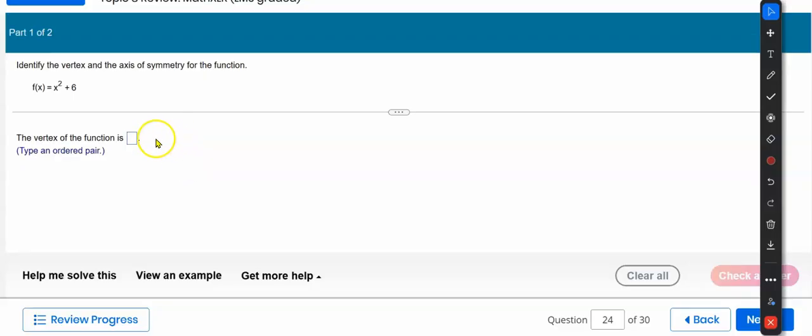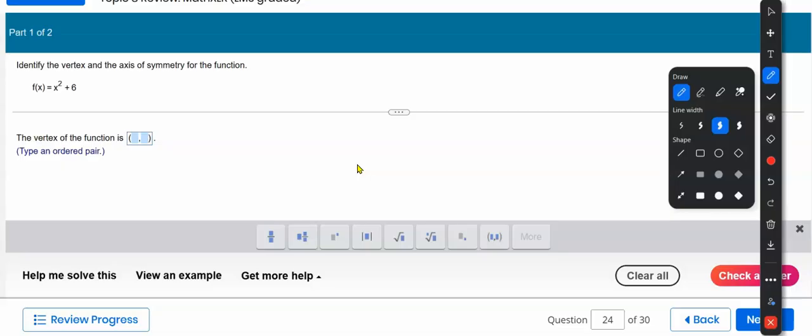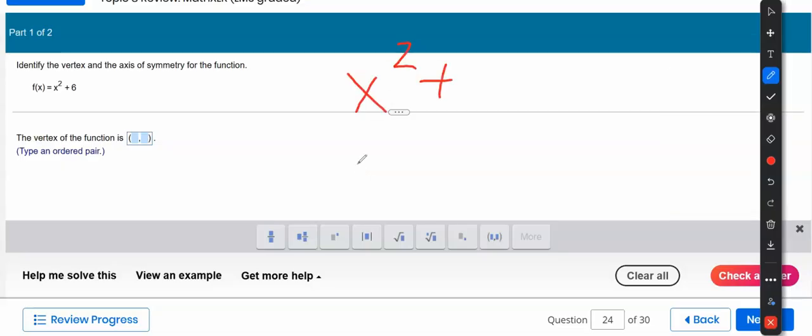Identify the vertex. Okay, so what do you got? Here's the same equation.